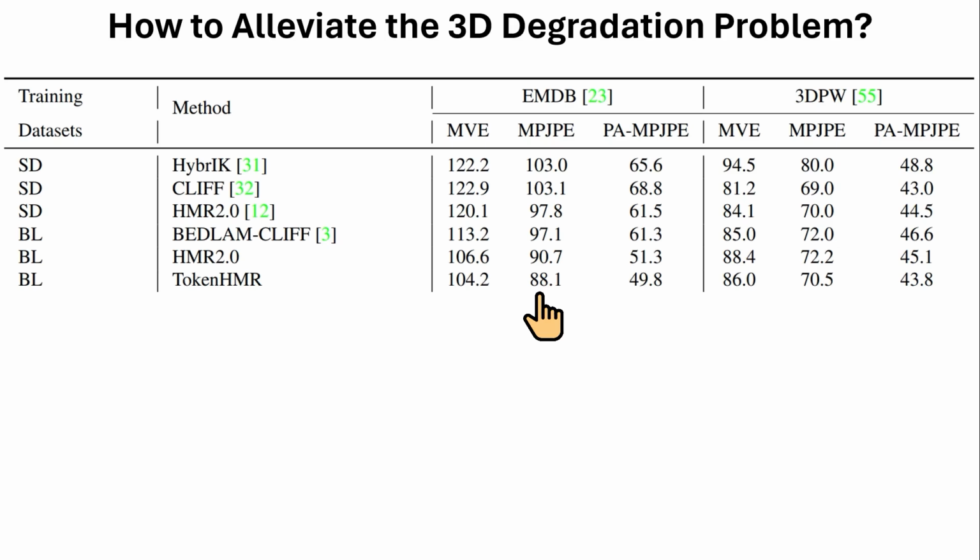And you see that once I use synthetic data, the mean per joint position error and all the other metrics become lower, which kind of makes sense, right? Because in the standard datasets, I have noisy camera models, but in Bedlam, I have a perfect camera model. So then what they questioned is: what if I use standard datasets that have 3D annotations in addition to other datasets that have 2D annotations?